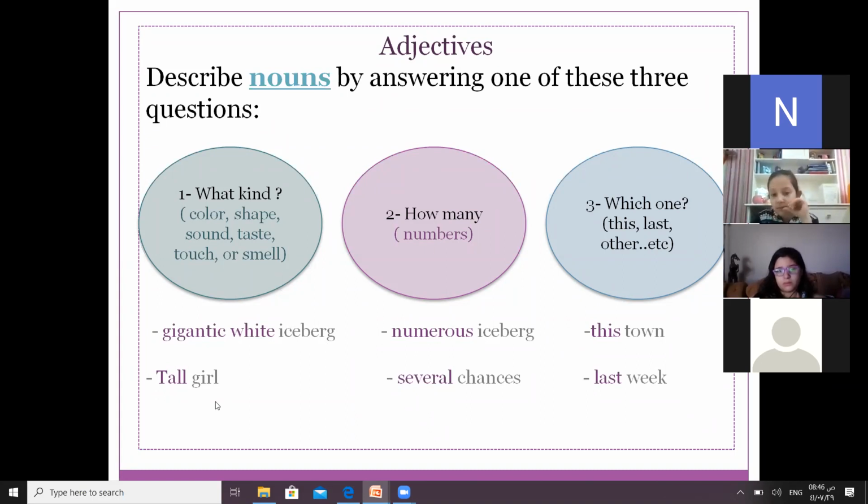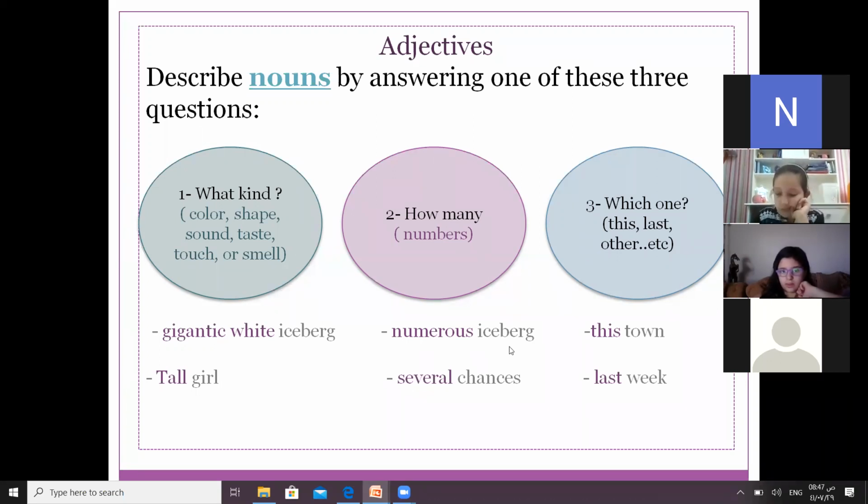Tall girl. What kind of girl? The tall one. So here we are asking by using what kind. Question number 2, how many? In how many, there are numbers, more than one or one.